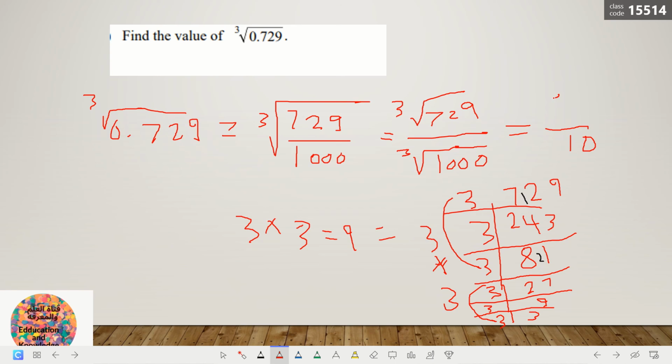So I put the answer as 9 over 10. This means 9 over 10 is 0.9. So the answer, the cubic root of 0.729, is 0.9. Thank you for your attention. I hope you understand.